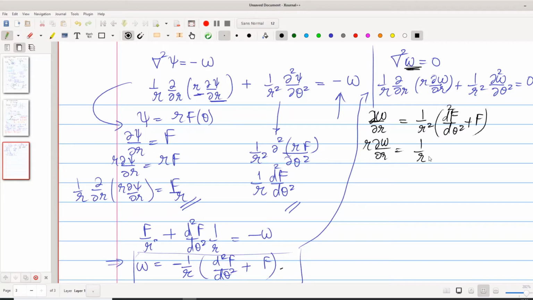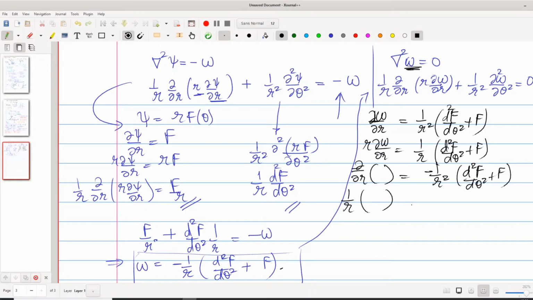It is minus 1 by r (d2f/d theta 2 plus f). So what is del/del r of this term? It is minus 1 by r square (d2f/d theta 2 plus f). Then 1 by r times this: minus 1 by r cubed (d2f/d theta 2 plus f).